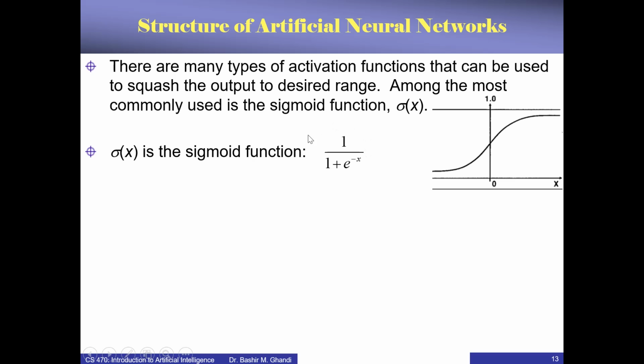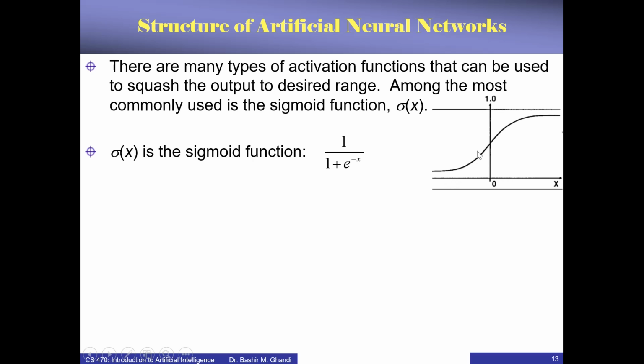The sigmoid function has a very nice property, as you can see in this graph: no matter the value of x it receives, no matter how big or how small, the result will lie between 0 and 1 and will never go outside that.